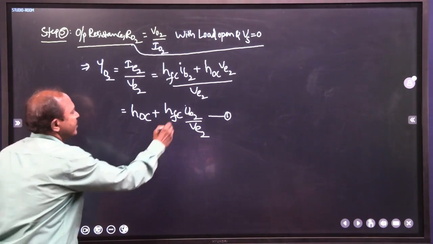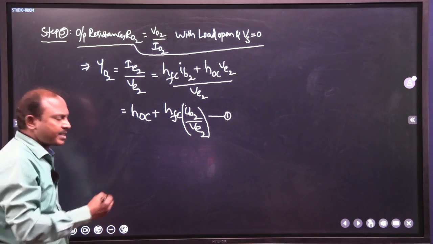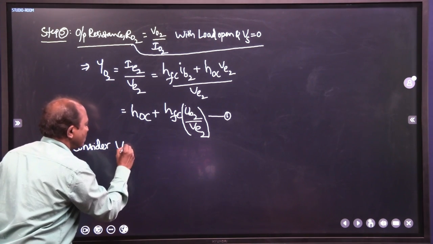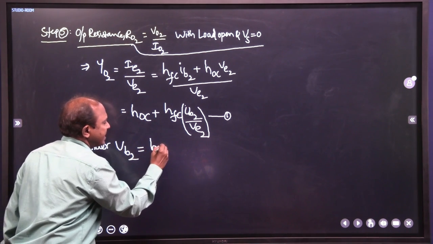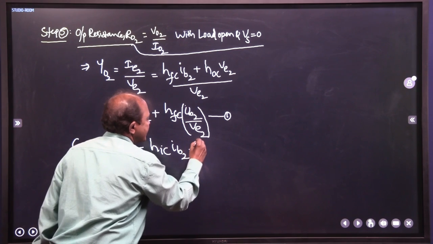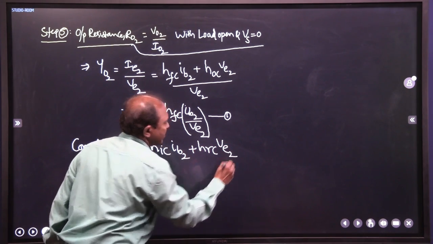Then we have to simplify for this IB2 by VE2. For this, consider the formula for VB2: VB2 equal to HIC IB2 plus HRC VE2. This is the general equation available with us.